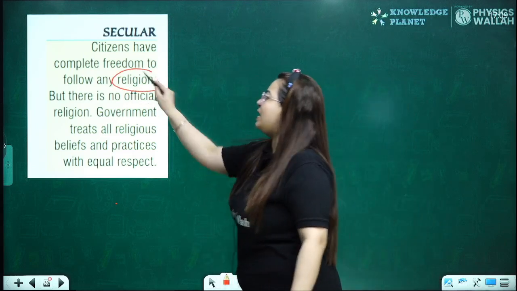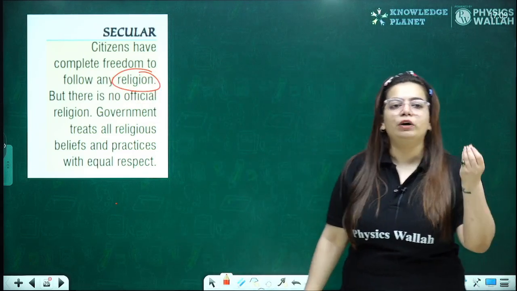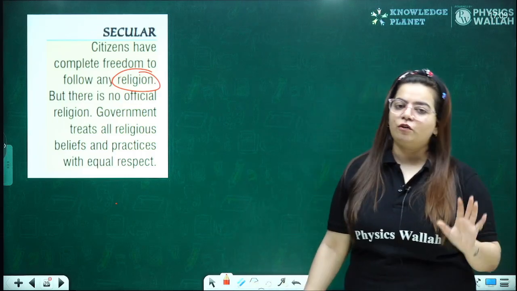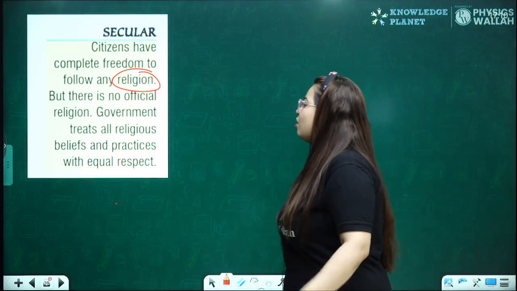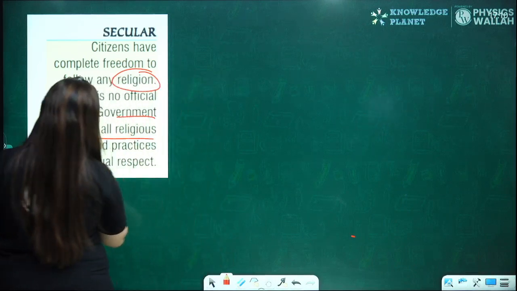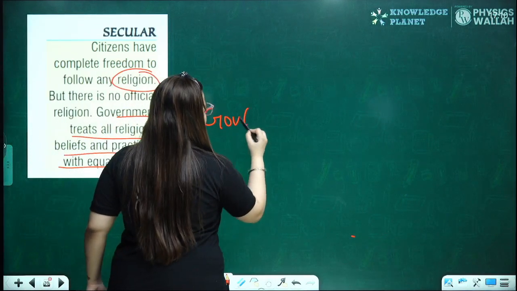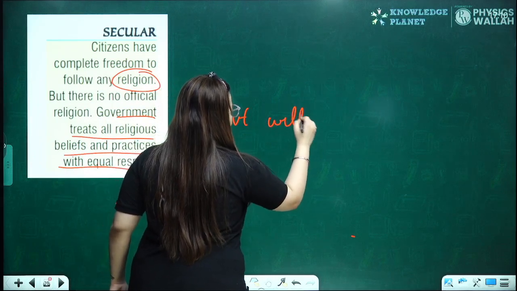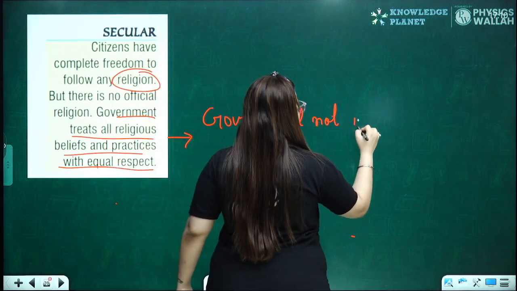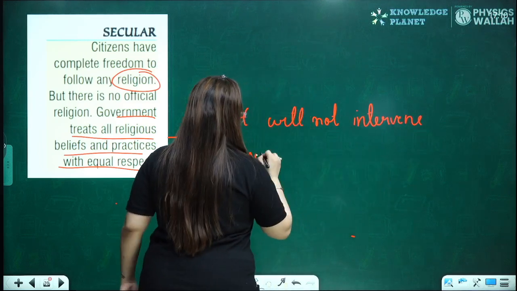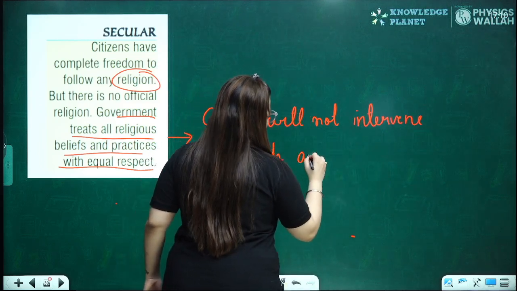No one will be intervening in what you are doing or what you are not doing. But there is no official religion. There is no official religion of the particular country, India. Government treats all religions and beliefs with equal respect, and government will not intervene with any religion.